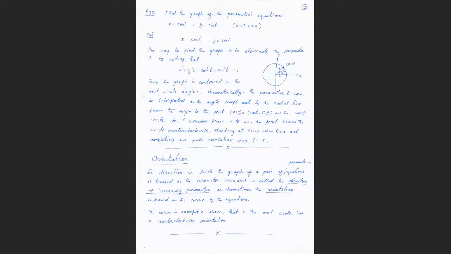The second method is to eliminate the parameter t. How is it possible to eliminate the parameter t from the parametric equations? It is very easy. You have two parametric equations. Take the square of both sides. If I take the square of the first equation, I get x square equal to cosine square t.